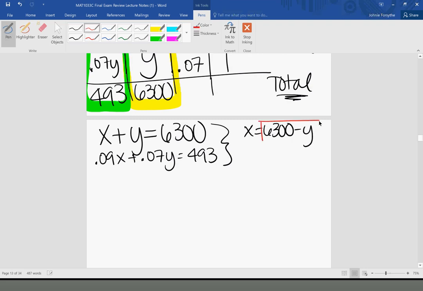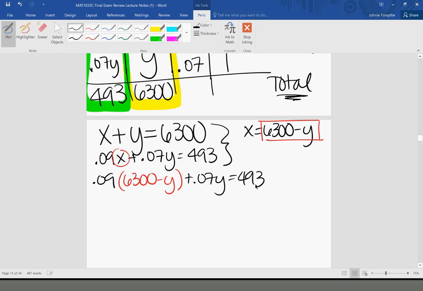So I'm going to take this expression and plug it into the other equation. So I have 0.09 times 6,300 minus y plus 0.07y equals 493. And remember, you can use your calculator in this class.